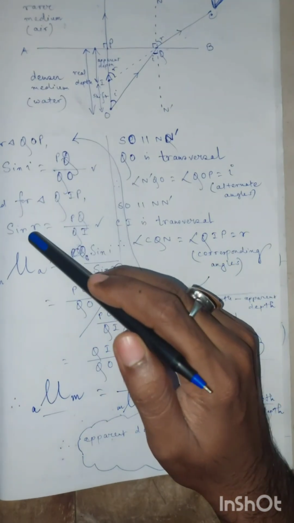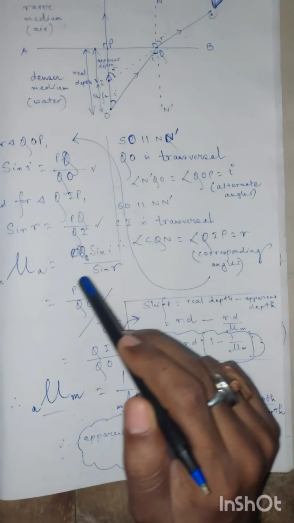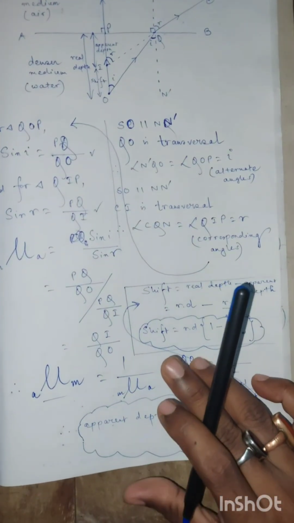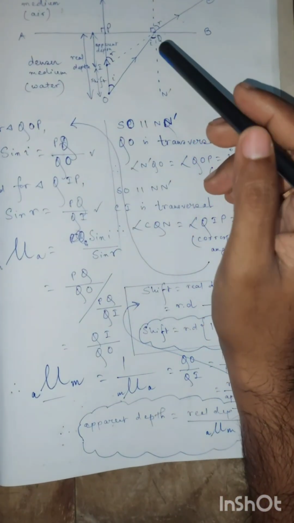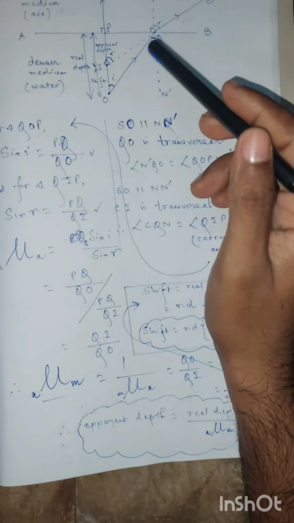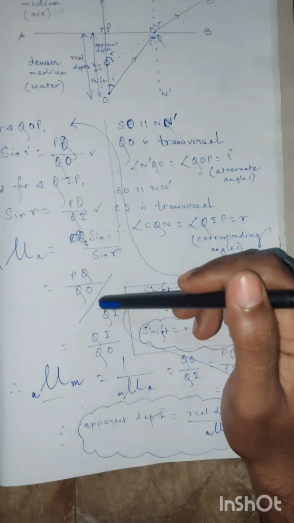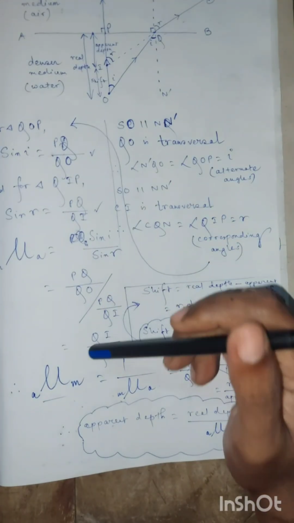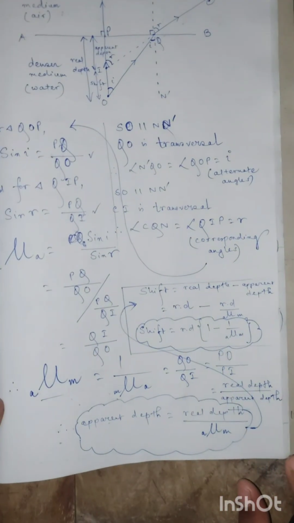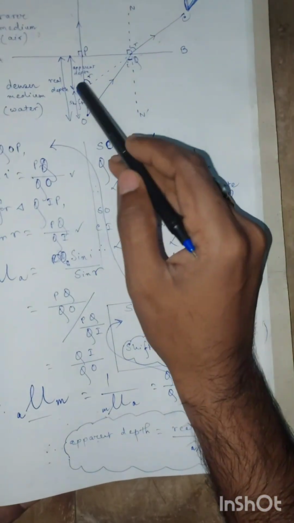So sin I by sin R, this is the ratio. Now we can cancel PQ, so it becomes QI by QO.